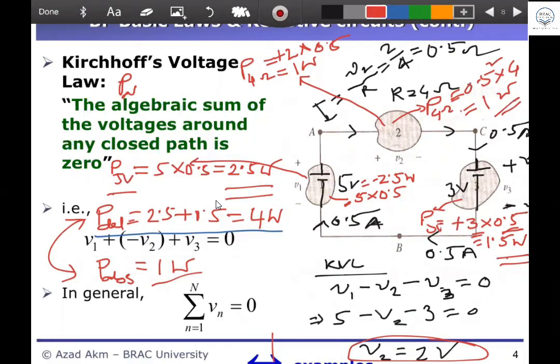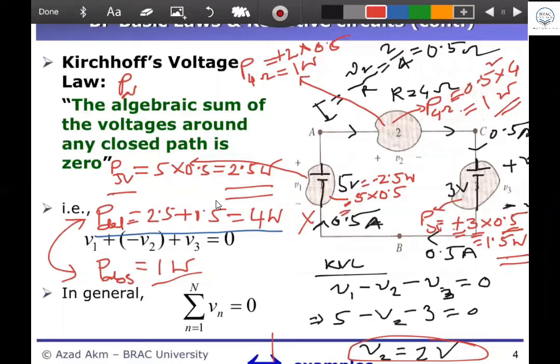The 3-volt battery polarity we changed. Now it follows the associated law. If it follows the associated law, then the power is positive here, because voltage into current will be positive. But in the 5-volt case, it is minus, because the current is flowing through minus, so it does not follow the associated law.